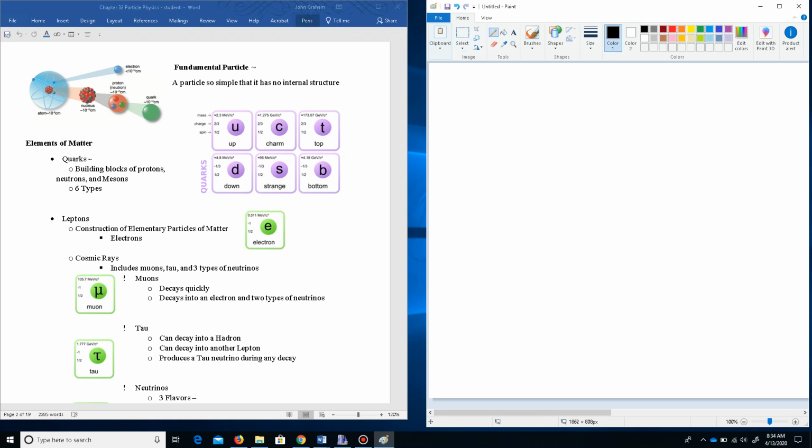So first, for the fundamentals, I'll start with matter, and then we'll have antimatter. First, we have 6 types of quarks. And then for antimatter, you have antiquarks.